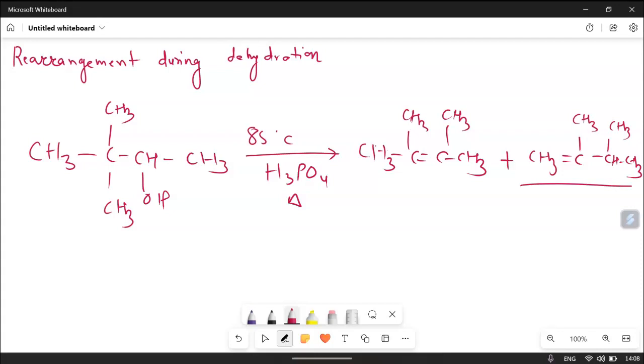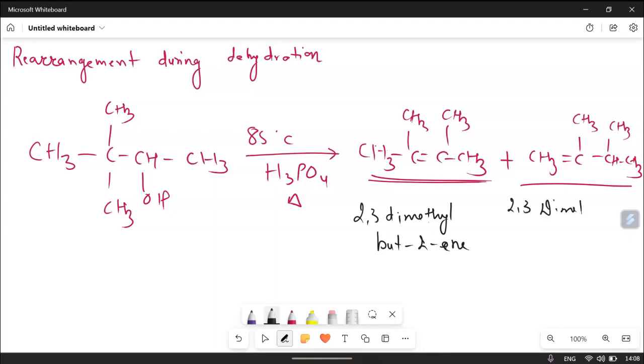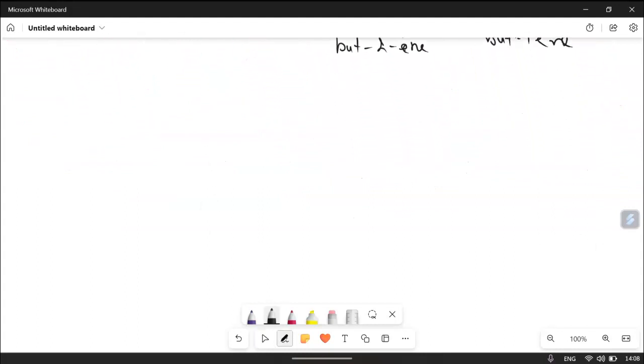So this is the compound known as 2,3-dimethyl butene, and due to rearrangement, it is also possible to get 2,3-dimethyl butene. So these are the mixture formations.